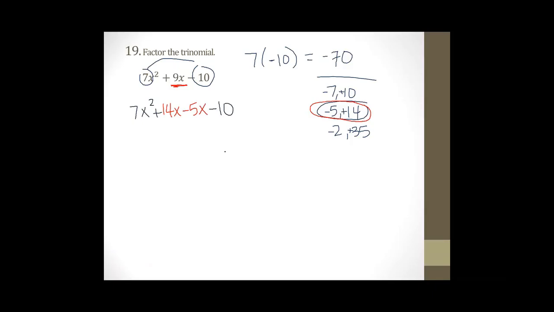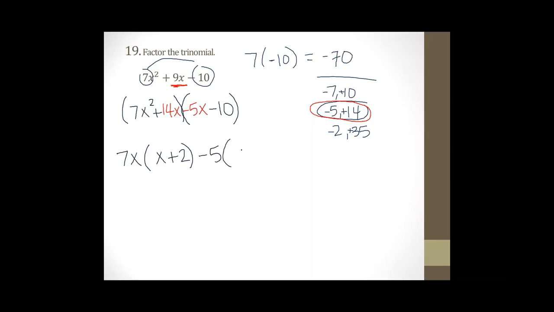Okay, so now I'm going to factor by grouping. I'm going to start by grouping the first pair and then the second pair. The GCF of the first pair would be 7x. And when I factor that out, I'm left with x plus 2. Now, I'm factoring by grouping, so I need to get another x plus 2. The GCF between negative 5x and negative 10 is going to be negative 5.